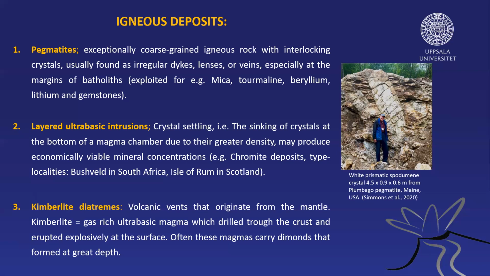The second main type of igneous deposit, they are layered ultra-basic intrusions. Basically, they are large magmatic bodies, but they are layered. You can see different units within the magmatic body, and that is formed by crystal settling in the magma chamber.